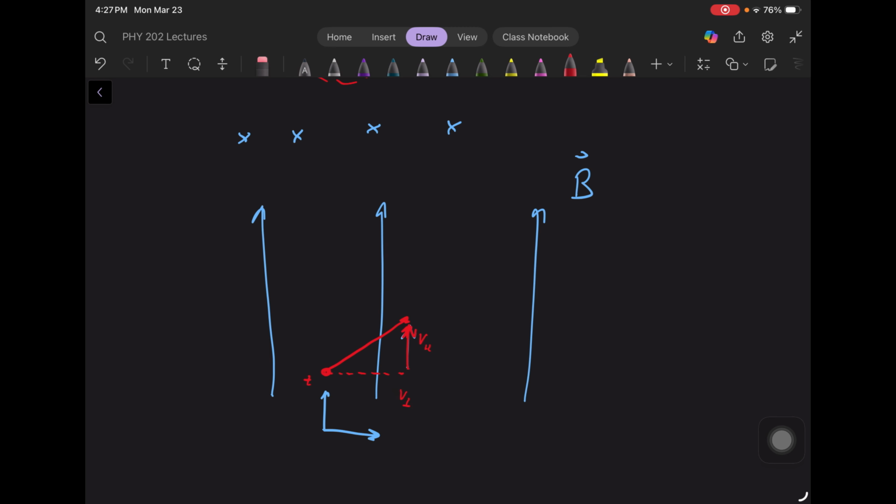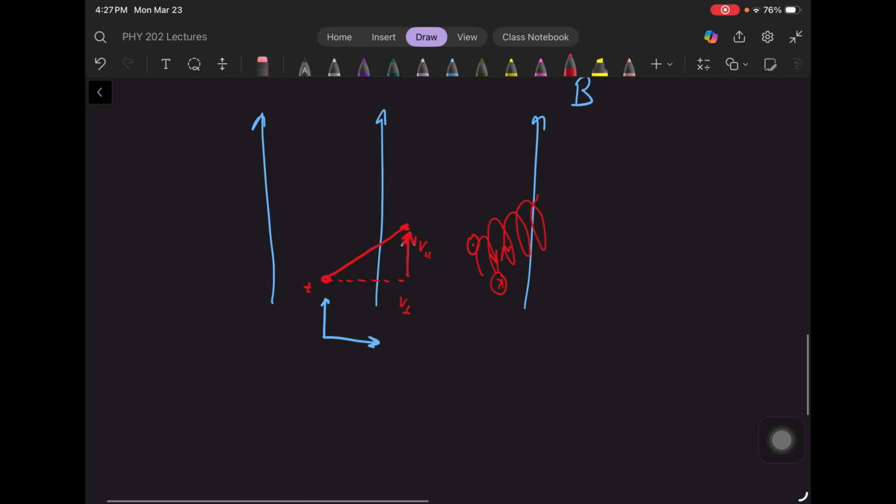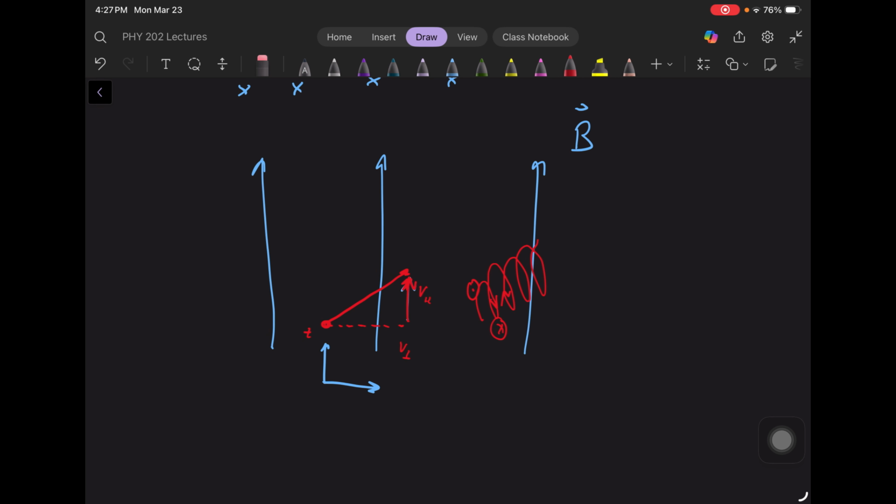And so what the particle's going to do is spiral, coming out of the page over here, into the page over here, going this way, that way. All right? And so that's what our particle is going to end up doing. And we get a helix.